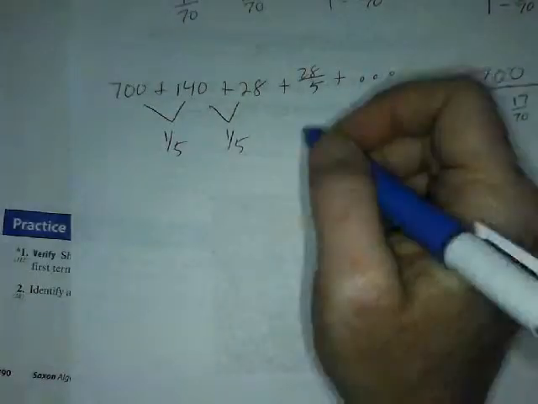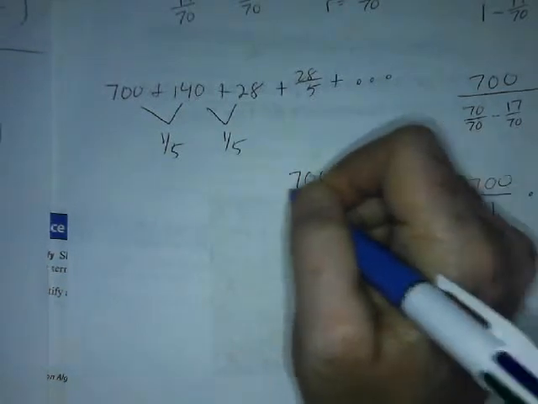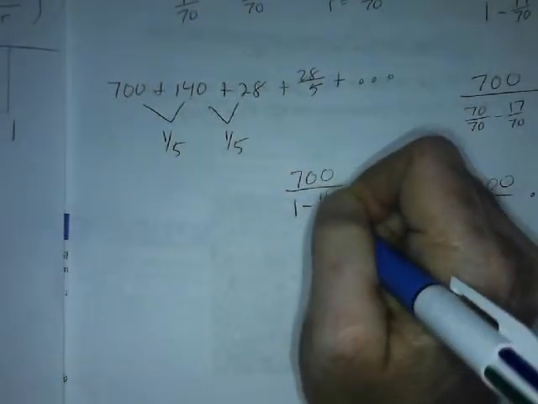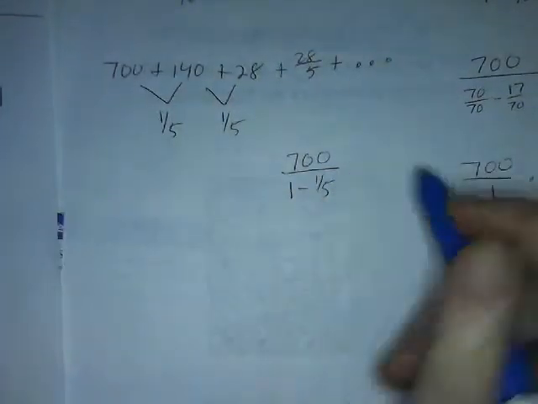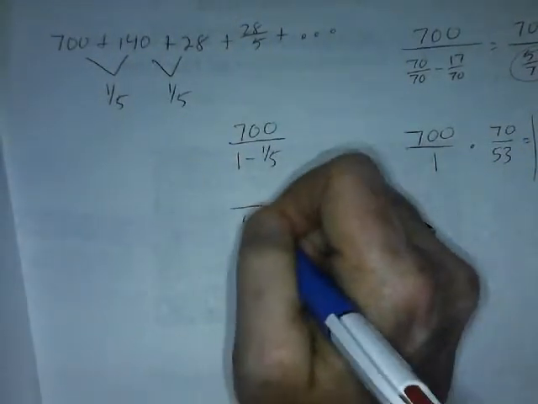So the formula says I can go a sub 1, which is 700, over 1 minus 1/5. So that's 5/5 minus 1/5, that's going to be 4/5.